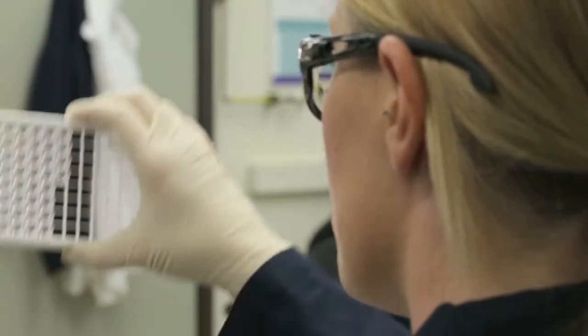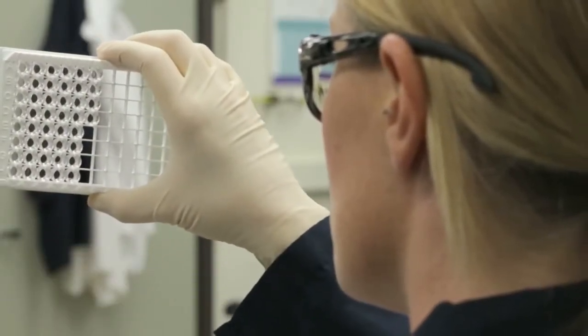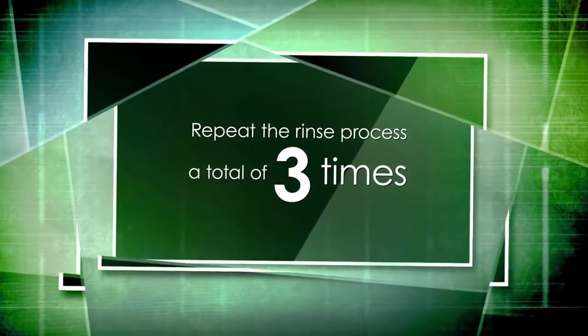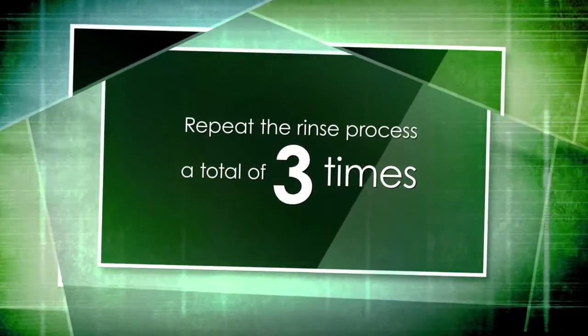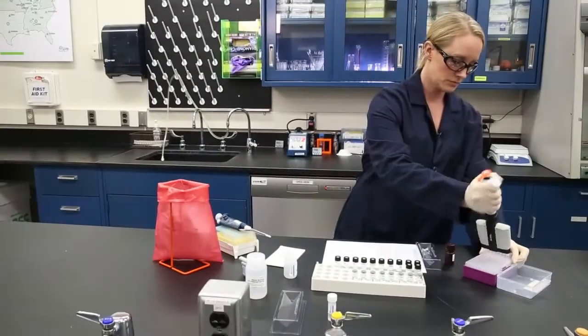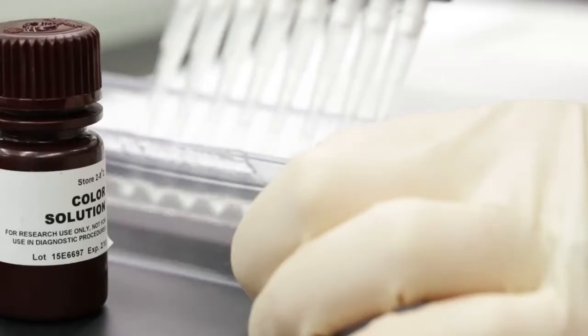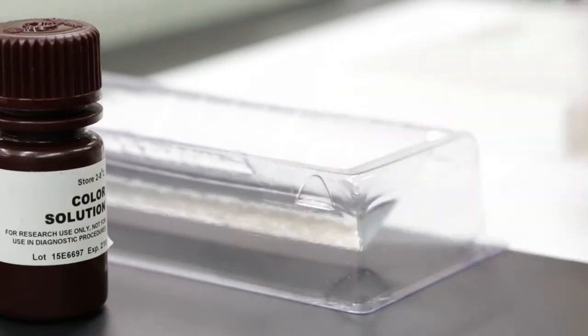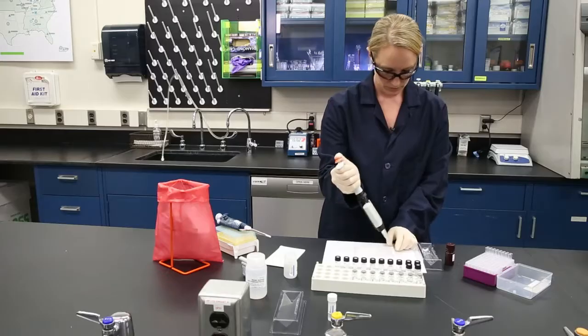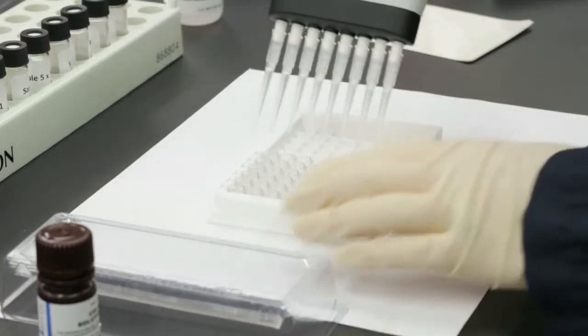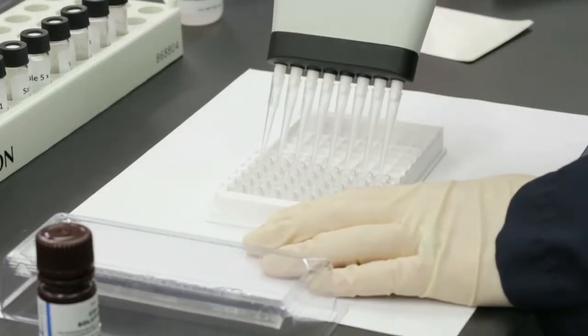Hold the plate up to the light to see if any droplets or bubbles of solution remain. Repeat the rinse process a total of 3 times. Add 100 microliters of substrate solution, sometimes referred to as the color solution, to each well using a multi-channel pipette. Fill the remaining wells systematically, in an order and at a rate that can be repeated in the next step.